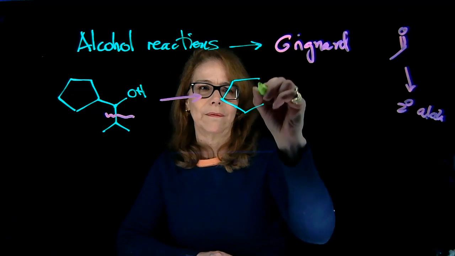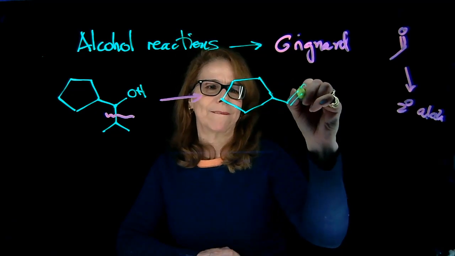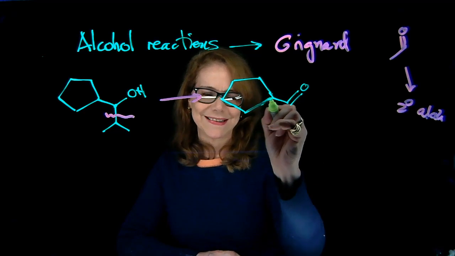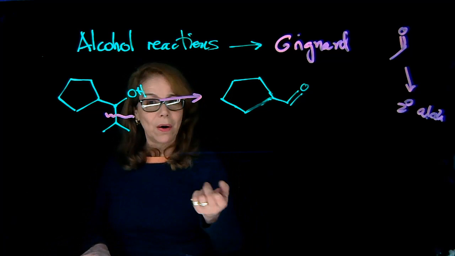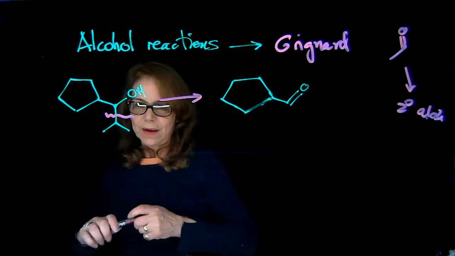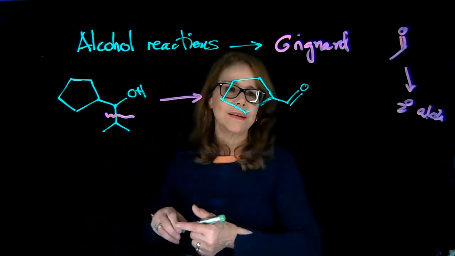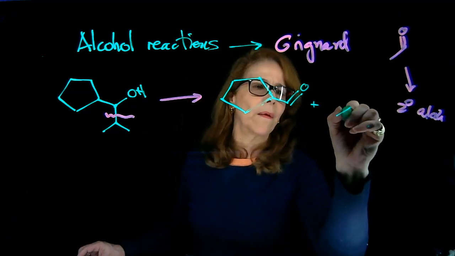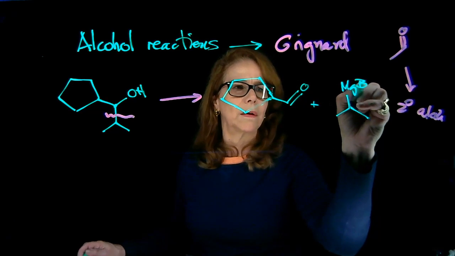So I have that. Okay, that's an aldehyde, and then the other part, so this fragment here, I need to make a Grignard with that, and that needs to have 3 carbons, but the bond with magnesium is here.